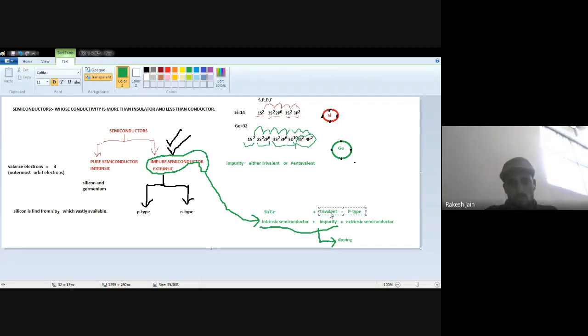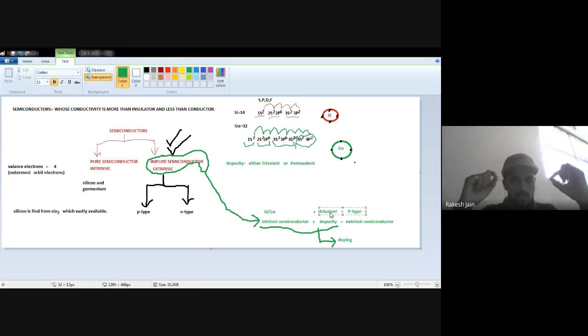Yes. So as an impurity, either we use a trivalent impurity or pentavalent impurity. If I mix in pure semiconductor, means intrinsic semiconductor, silicon or germanium, and as an impurity, if I mix a trivalent impurity, then I will find a P-type semiconductor. But here now I cannot use the word mixing.